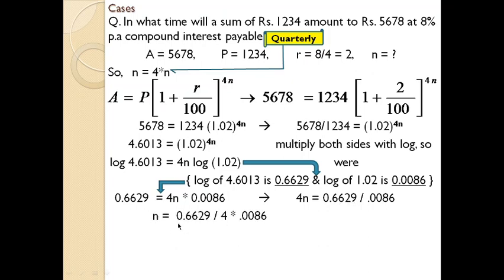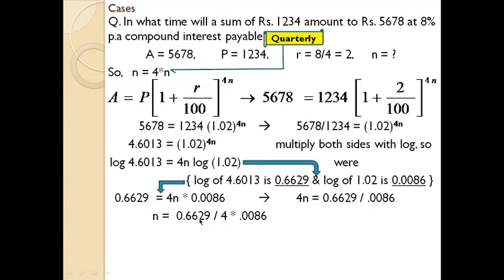Finally, n equal to 0.6629 divided by 4 into 0.0086. I hope you understand why we did that, because for 4n we shift the 4 to the other side of the equal sign. When a number is shifted to the other side, since it is a multiplication case, it will become 1 by 4.